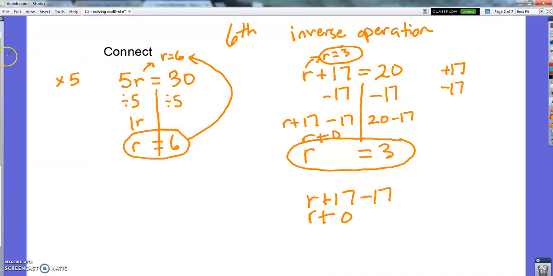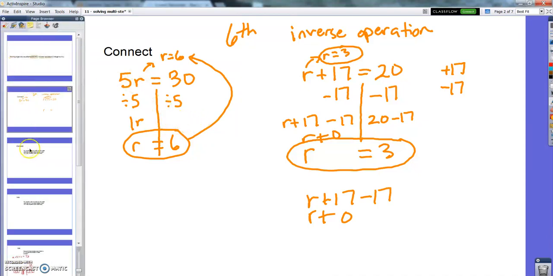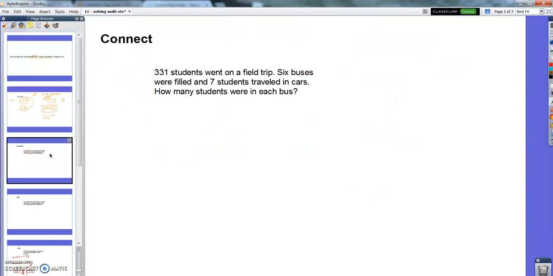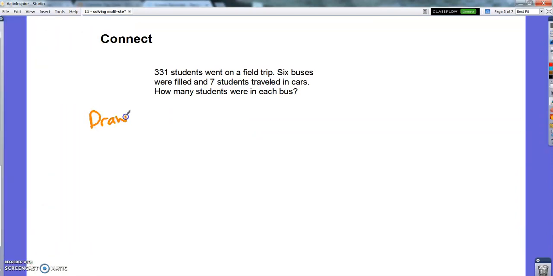So now we're going to apply that same logic to some problems we have done before. Yesterday we did this problem with the drawing strategy. I also want to bring that to your attention. So we did 331 students went on a field trip, 6 buses were filled, 7 students traveled in cars. How many were in each bus? So the first thing we did is write an equation.